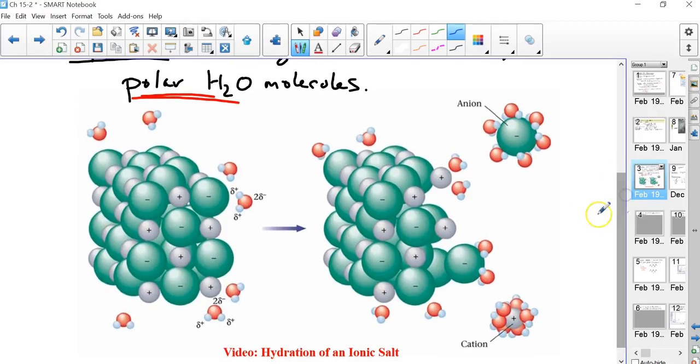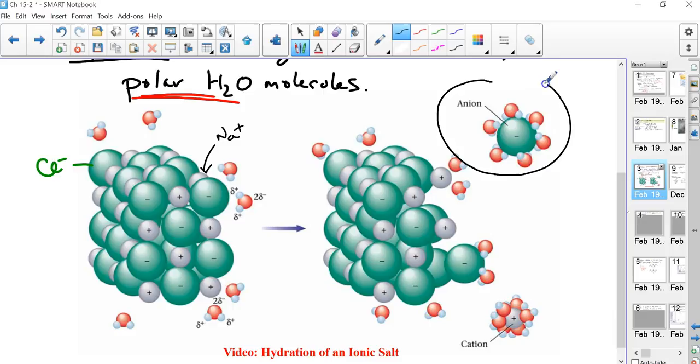This shows salts. For example, the chloride ions might be the Cl-. Notice they're much bigger than the sodium cations, which are much smaller, shown in the gray. And they get surrounded by water. Now notice when they are hydrated, as shown here, the anion, the chloride, is surrounded by the positive, hydrogen-bearing ends of water.